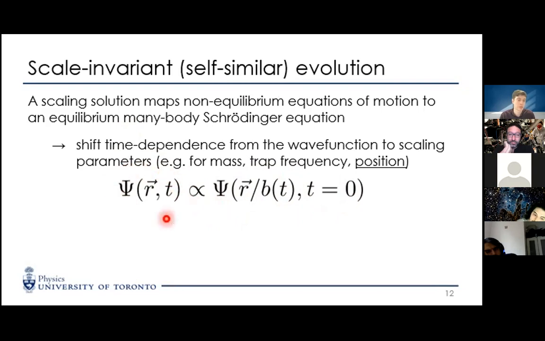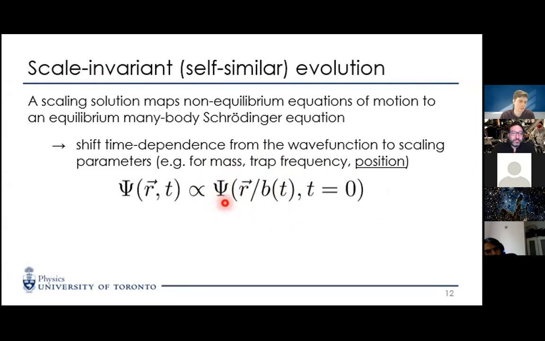So instead of having to solve a time-dependent many-body equation, we now only have to solve a time-independent Schrodinger equation, and then a time-dependent set of equations for the different scaling parameters.